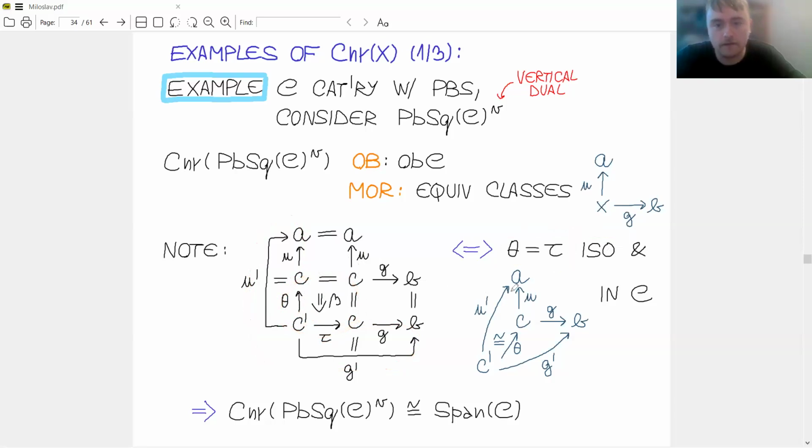So my point is these two corners are equivalent if and only if there's an isomorphism of spans. In other words, what this category of corners construction produces is the category of spans.